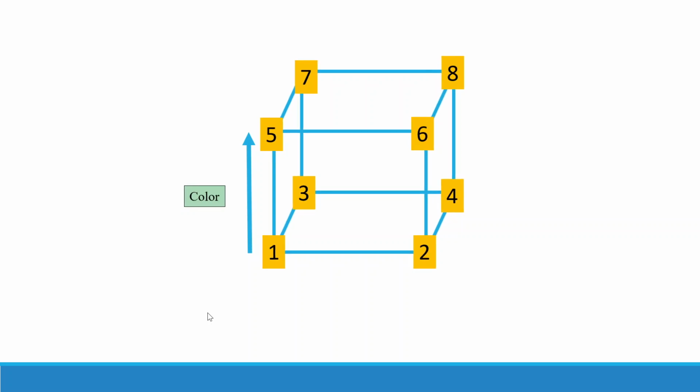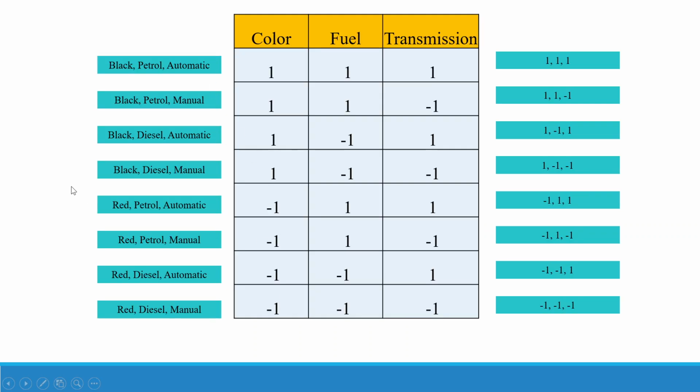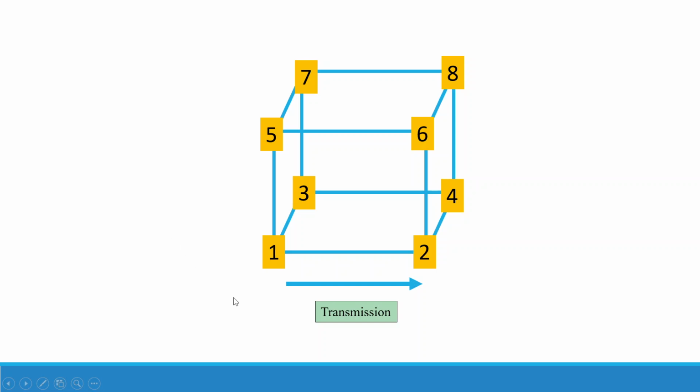See, when we represented these profiles on the cube, the x-axis was transmission. So the change in transmission happened on 2, 4, 6, and 8. In 1, 3, 5, and 7 the transmission was the same, but in this set of profiles the transmission changed because transmission is on the x-axis.